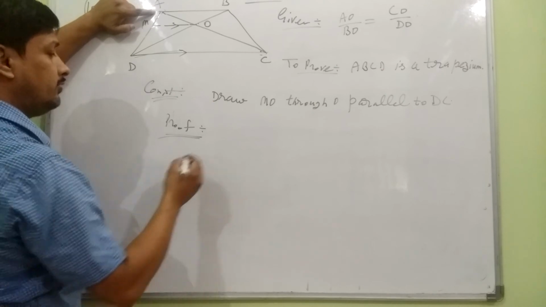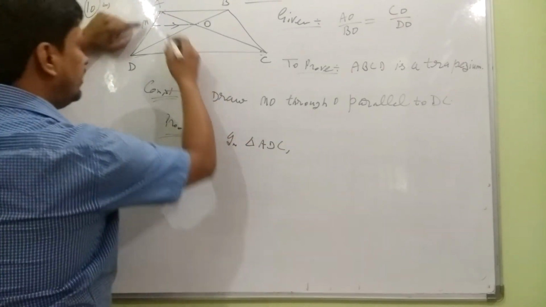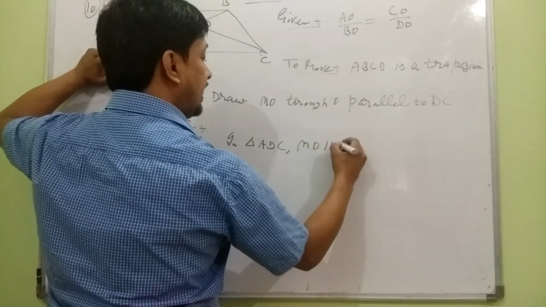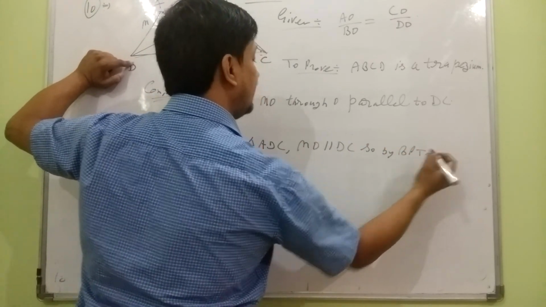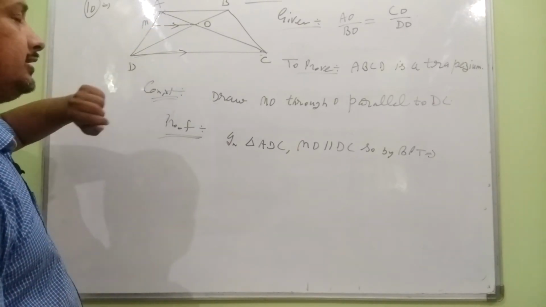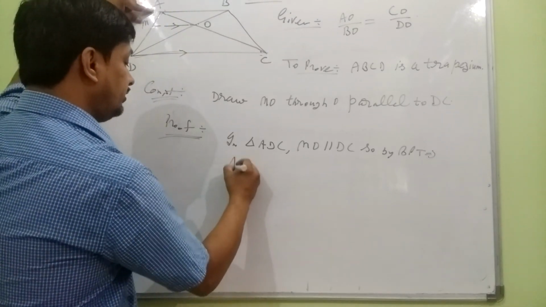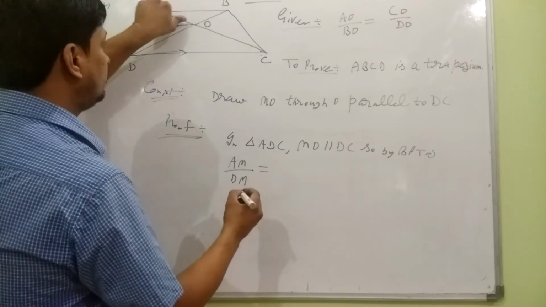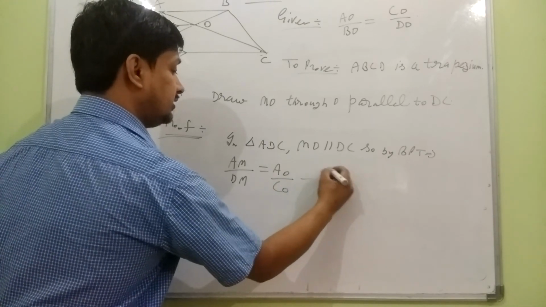So here we will apply BPT. In triangle ADC, MO is parallel to DC. So by BPT, if MO is parallel to DC, then it will divide the two sides in the same ratio. So AM upon MD is equal to AO upon CO. This is equation number 1.